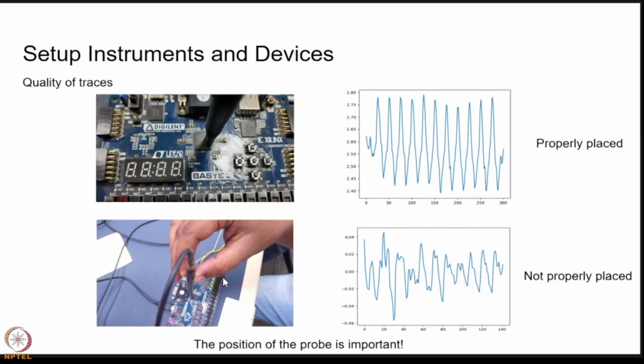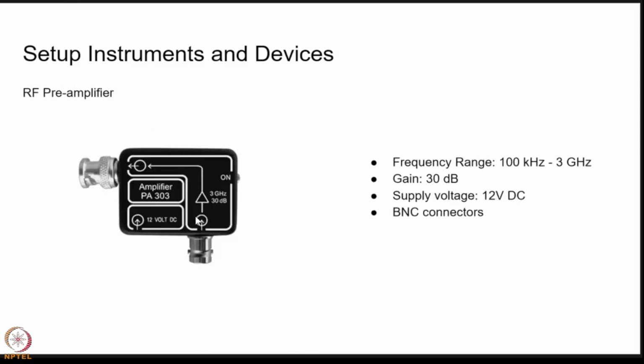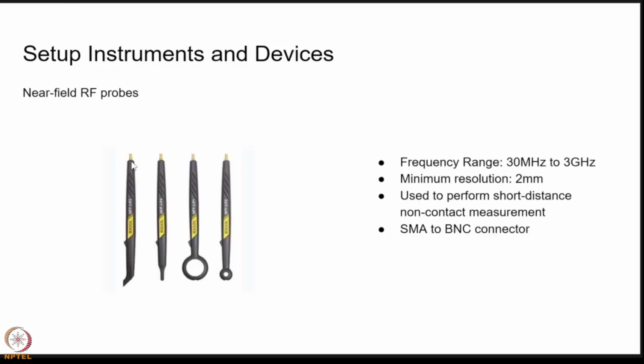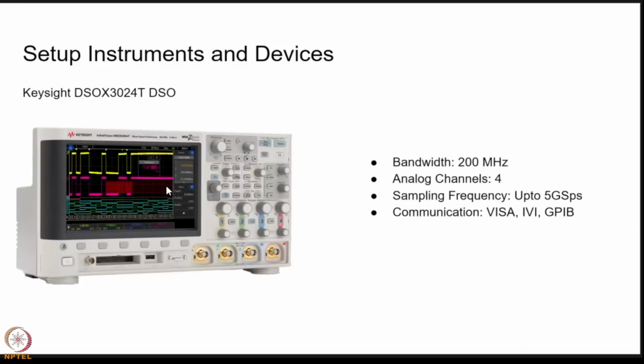The equipment we need is this oscilloscope and a power amplifier. Whatever traces we collect using these electromagnetic probes, we amplify using a preamplifier, and then give it directly to the oscilloscope, and from the oscilloscope we collect the traces.